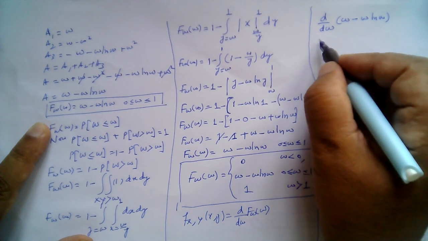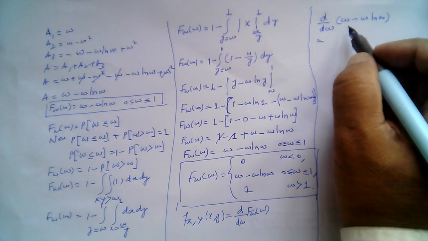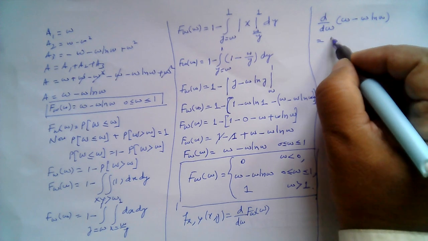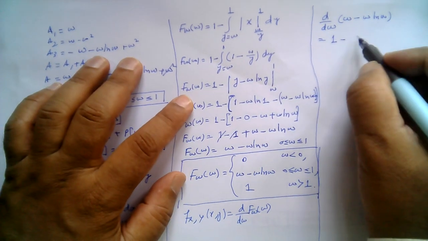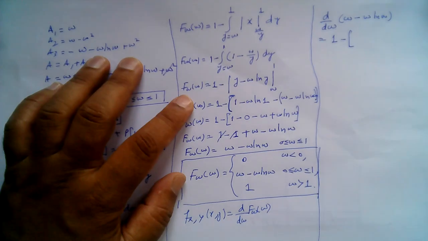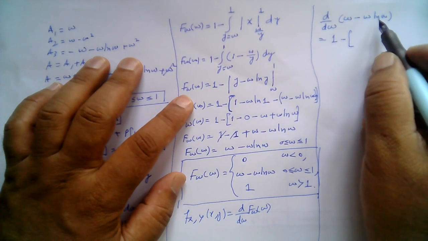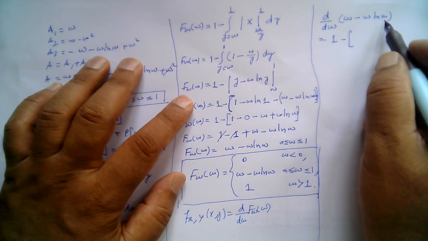So you know that dw/dw is 1, right? Minus, we can use the product rule on w multiplied by log of w.